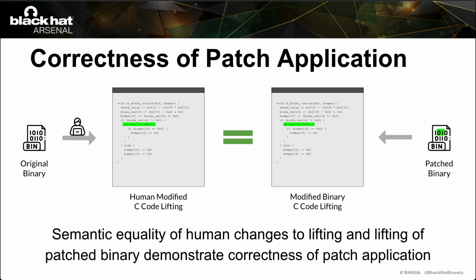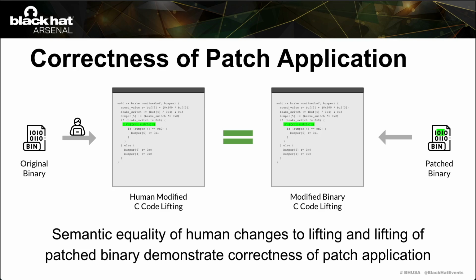So now, since we have the specifications of the semantics of the patch, which is the modified lifting shown here on the left, which the human made, we can compare that to the lifting of the automatically modified patched binary on the right. It's a bit subtle, but the right side is really an artifact produced automatically by our tool, and the left side really defines the semantics of the patch, the modifications of the C lifting.